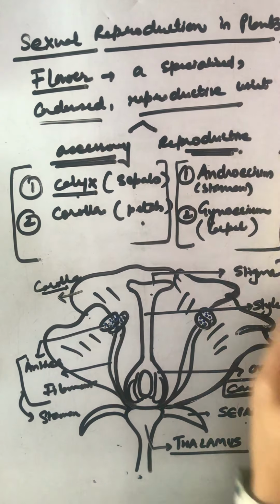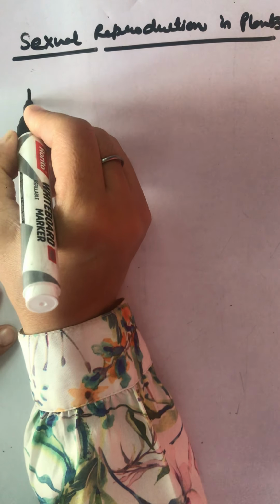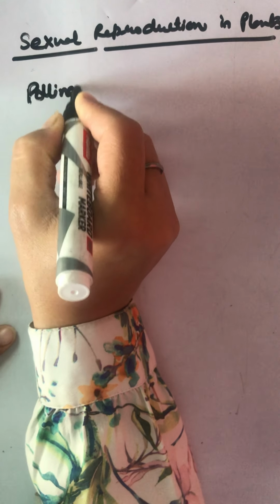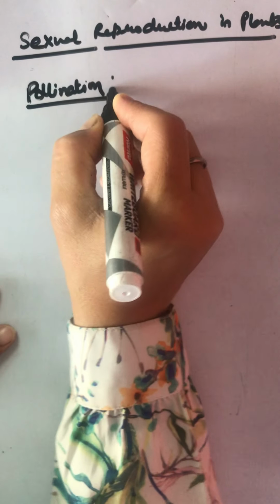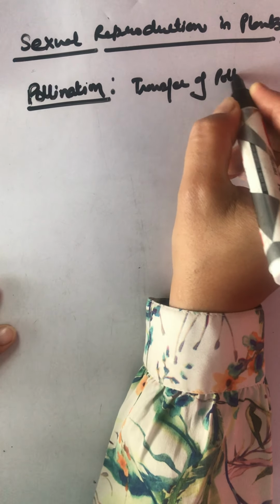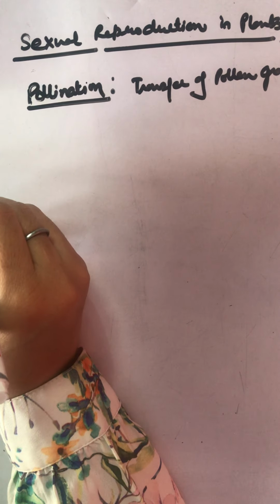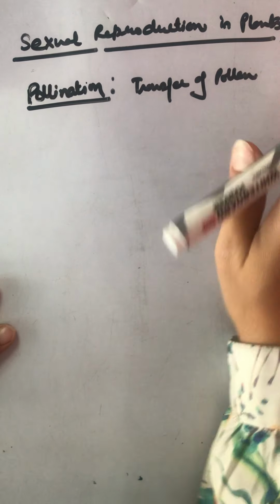Now moving to that. The first step of fertilization process is pollination. Means transfer of pollen grains, right? Where?